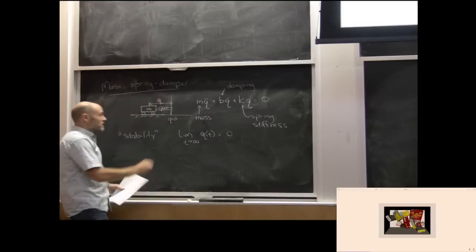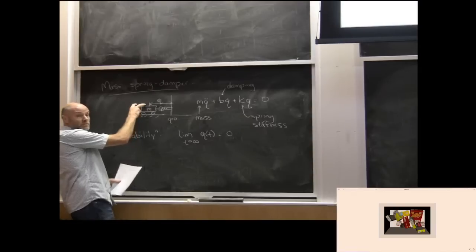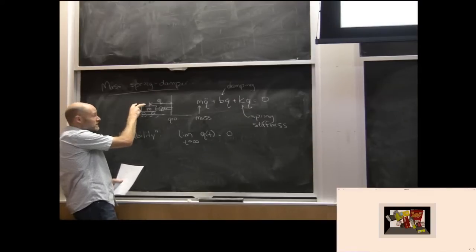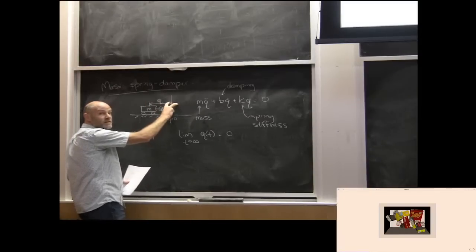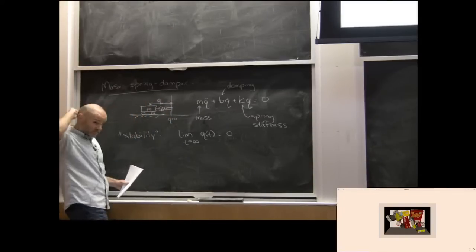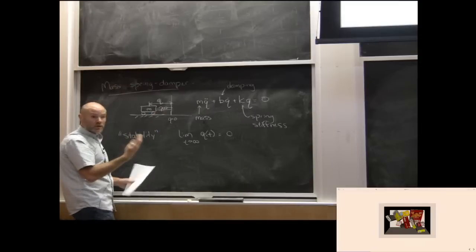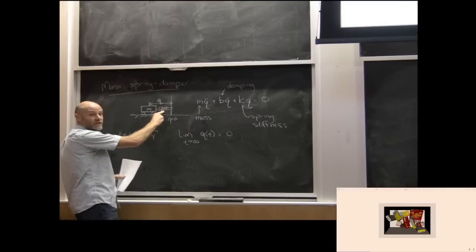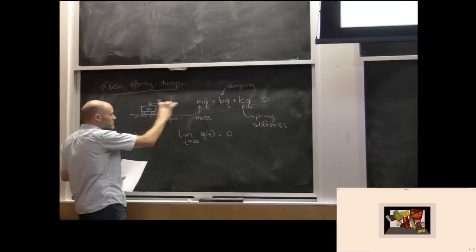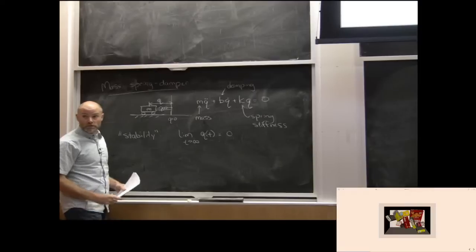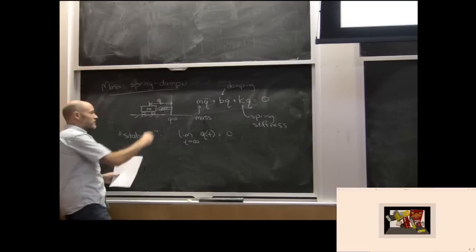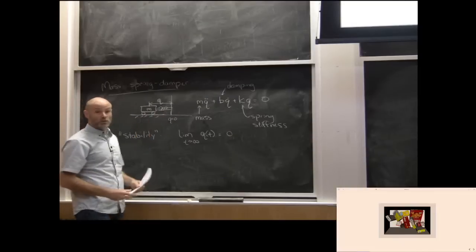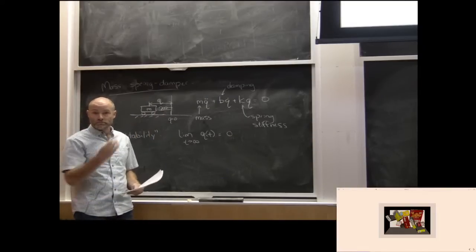I'd like to say if I start this here with some initial position and velocity, and it starts ringing, ringing, ringing, is it going to come to rest, or is it going to do something different, right? The physical intuition you should have is that the damper is pulling out energy, that's friction, right? So this thing wants to oscillate because of the spring, but it's going to slow down because of the damper, and we're going to try to make sure we understand how to simulate this accurately, even with these simple equations. Is that clear?